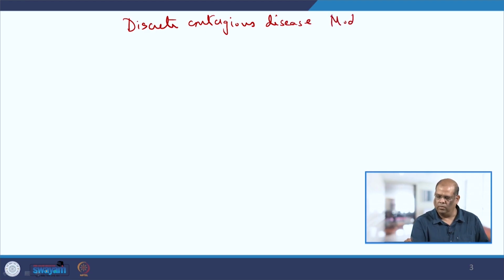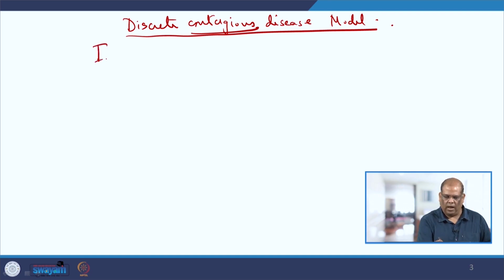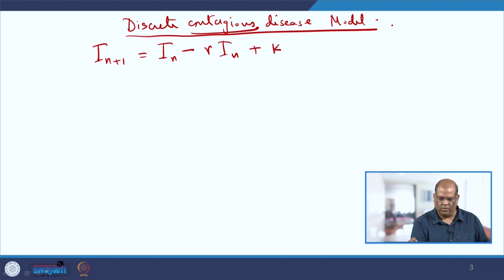So, a discrete contagious disease model. Contagious means infectious. So, it is I_{n+1} equals I_n minus R times I_n plus k times I_n into N minus I_n.